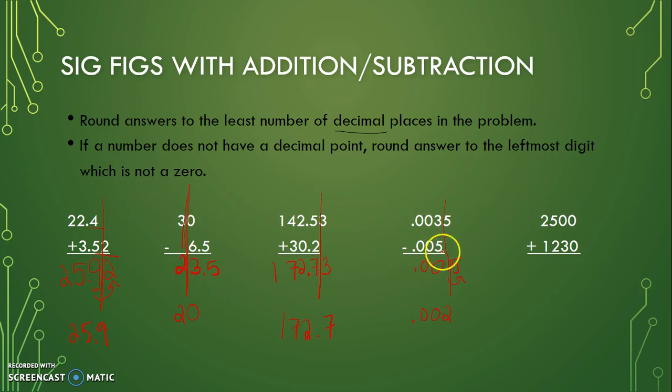This next one does not have a decimal place. It is 3730. So if there's no decimal places, I told you to go to each one and find the leftmost digit which wasn't a 0. The leftmost digit in this one that's not a 0 is a 5. It's in the hundreds place. The leftmost digit in this one that's not a 0 is the 3.